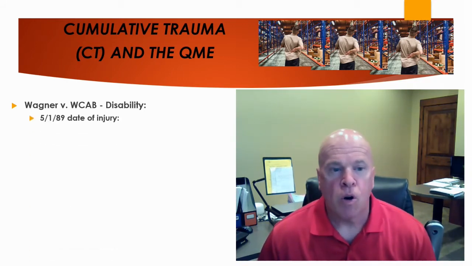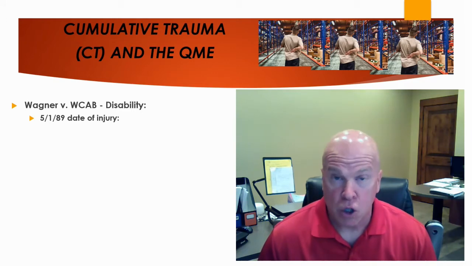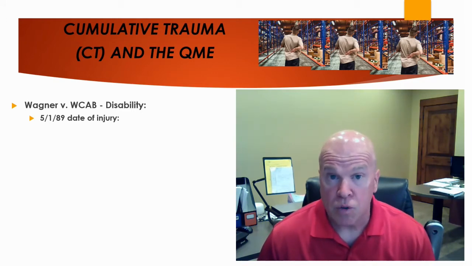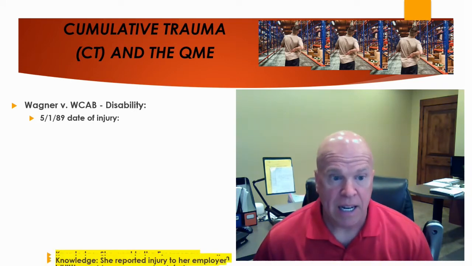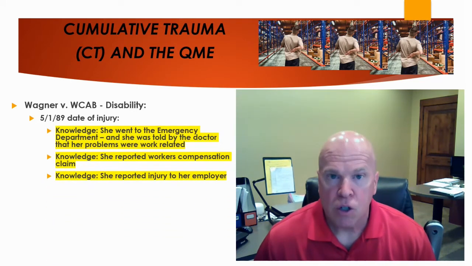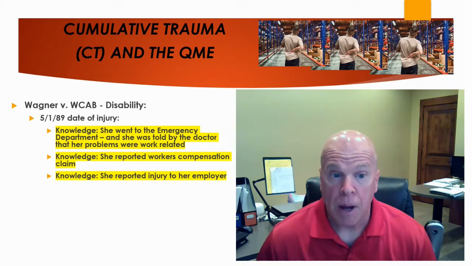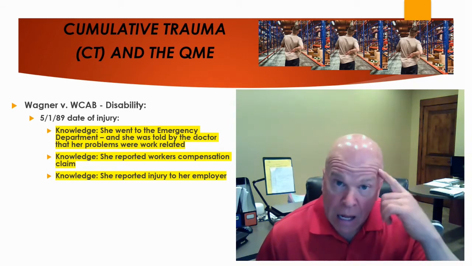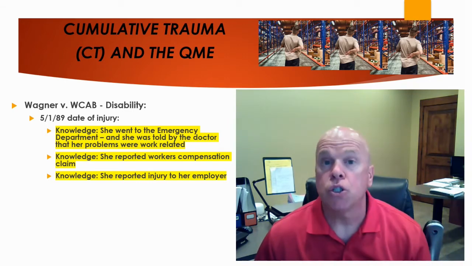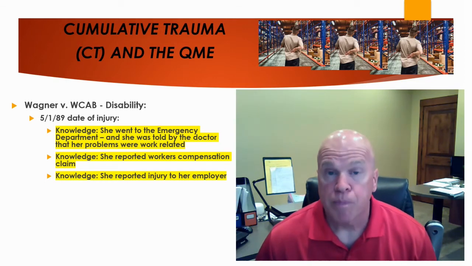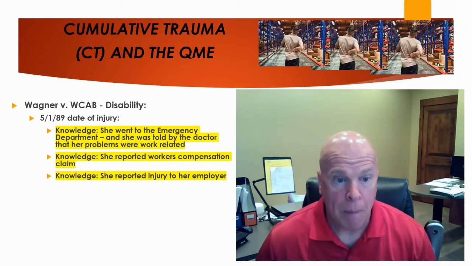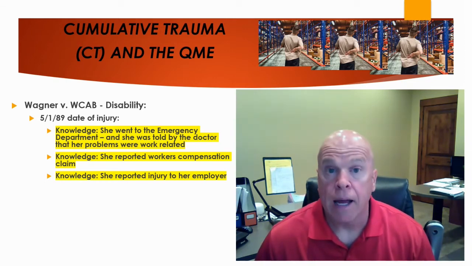First of all, one of the insurers contended that the date of injury was in May of 1989. The insurer contended that Ms. Wagner had knowledge and disability first in May of 1989.